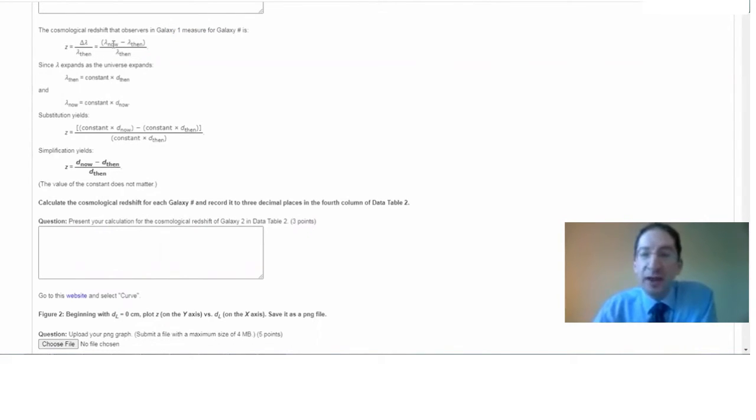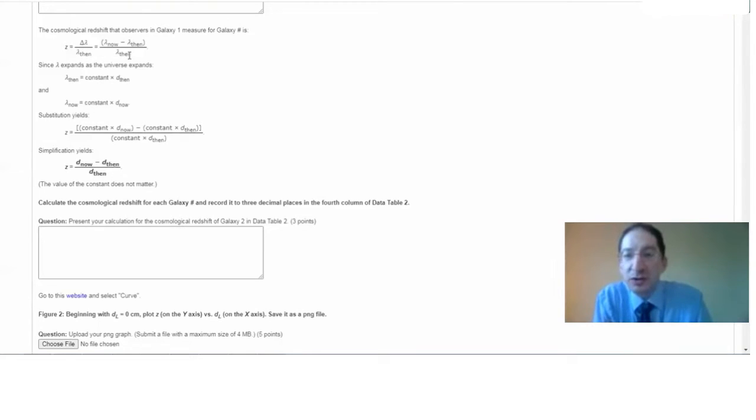So in other words, the wavelength now minus the wavelength when it was emitted, so the wavelength then, divided by the wavelength then. And as we talked about in the background sections, the wavelength of light just expands with the universe. If the universe doubles in size, the wavelength of the light doubles in size.